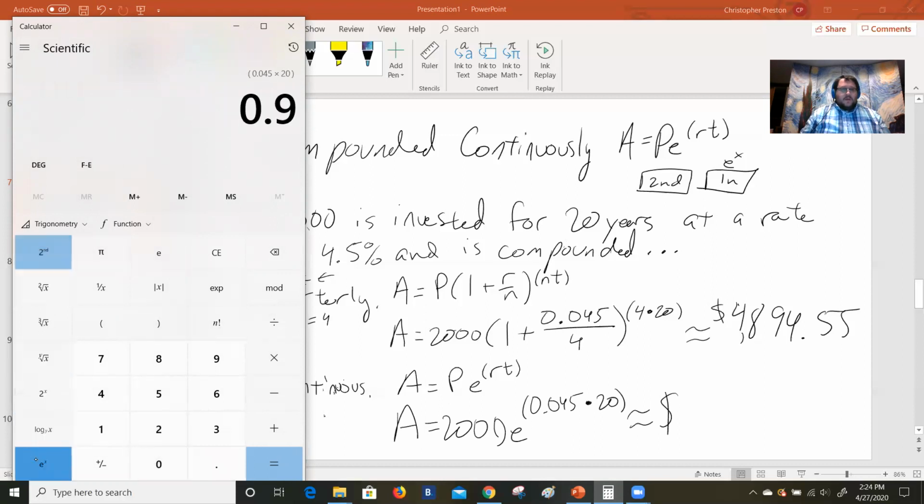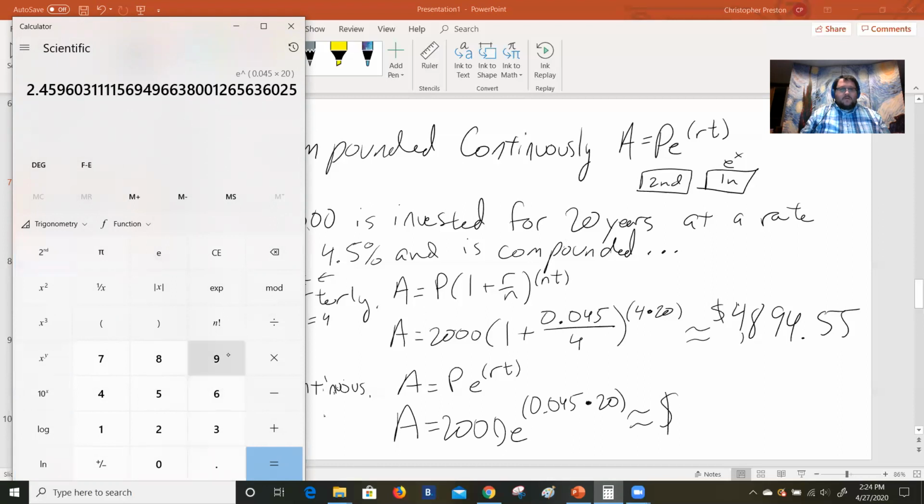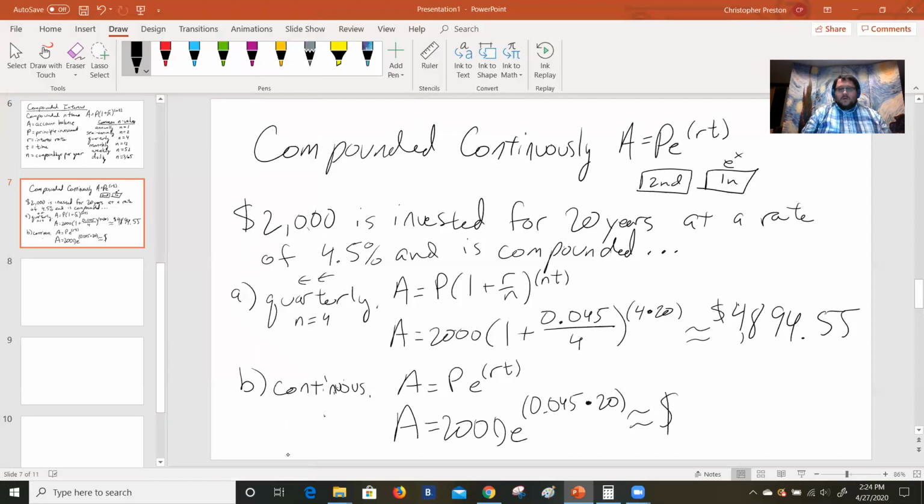Second, and then where the ln button had been, e to the x, times 2,000. And we get $4,919.21. So that's more, because the more times you calculate it per year, the more interest you're going to get. It's more, but it's not like 100 times bigger.